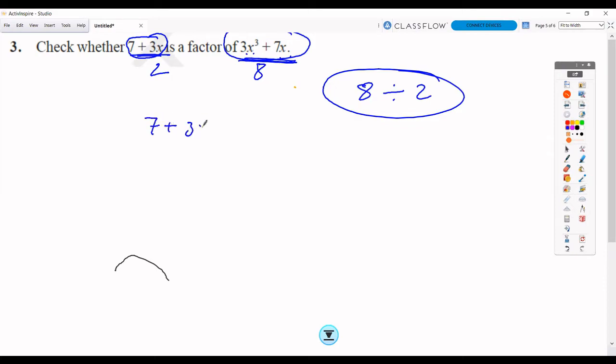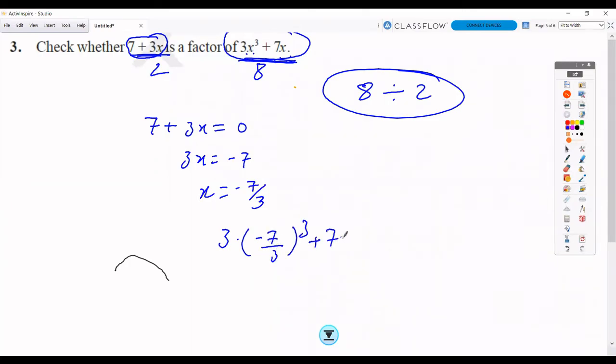7 plus 3x is equal to 0. 3x is equal to minus 7. x is equal to minus 7 by 3. Now we will insert the value here in the polynomial. 3 into minus 7 by 3 whole cube plus 7 into minus 7 by 3.